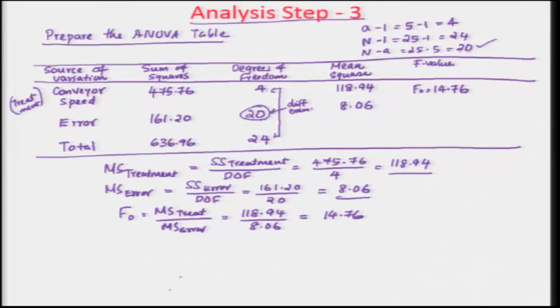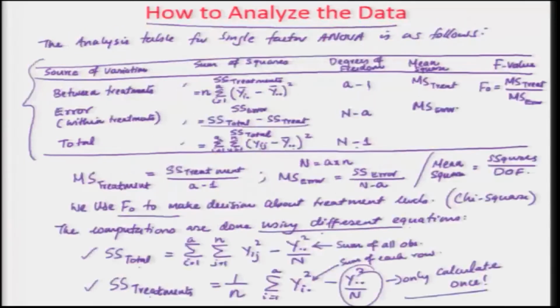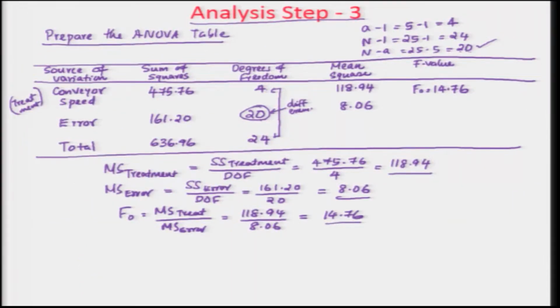Now, we have calculated all the major values. If you think about this table, we have filled almost every value right here. Now, we have to make a decision out of this. The calculated F value is used to make decisions.